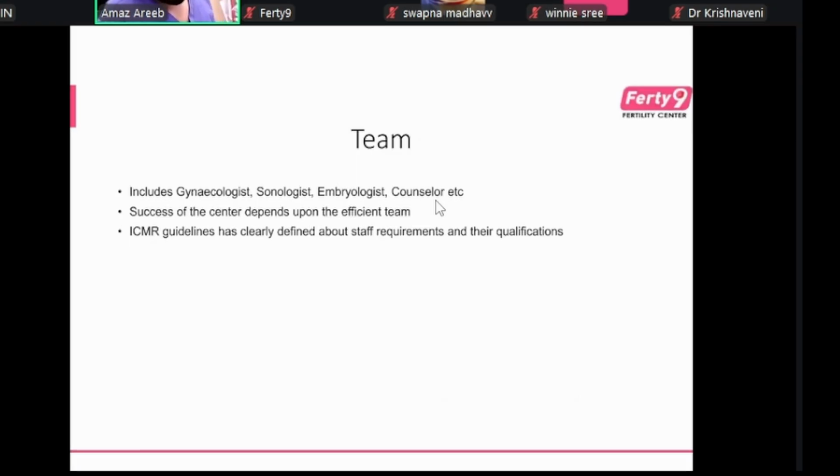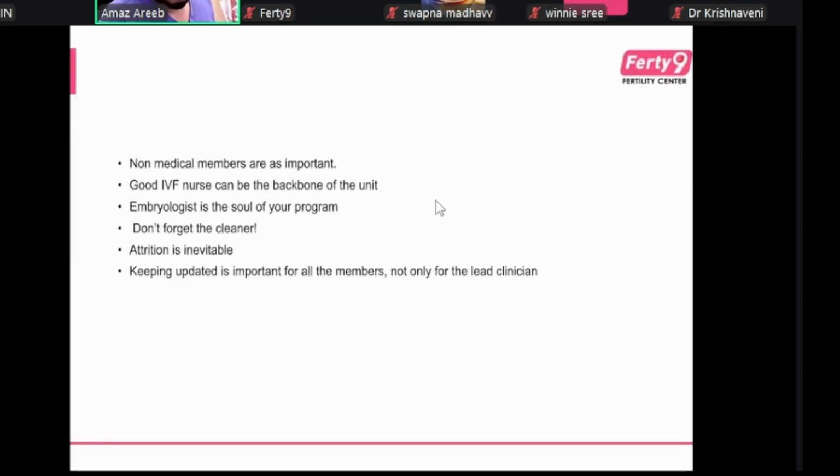So there are ICMR guidelines and ART guidelines. The ICMR guidelines are the old ones, but now since we have the ART law, as I have already told you, the ART law sets out the staff requirements and the qualifications.